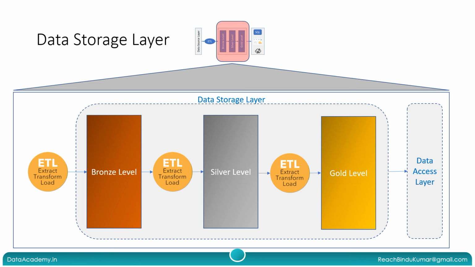Now we can tell the users that you can connect to the silver level if you want the processed data, but if you're looking for a very specific use case, right, then you can connect to the gold level, and there you will have the data that is pre-aggregated. So did I answer your question? Yeah. Thank you so much.